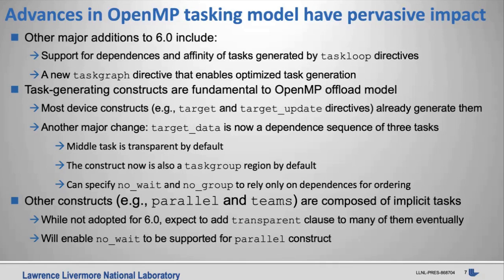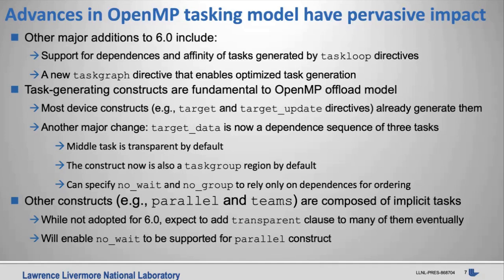Most of the device constructs, including the target and target update directives, and in fact, the target enter data and target exit data directives, were already task generating constructs. As I mentioned earlier, target data is now a sequence of three dependent tasks. So it starts with a target enter data construct that is then followed by a transparent task and then finally ends with a target exit data construct.